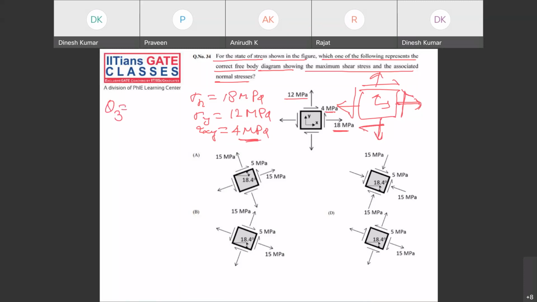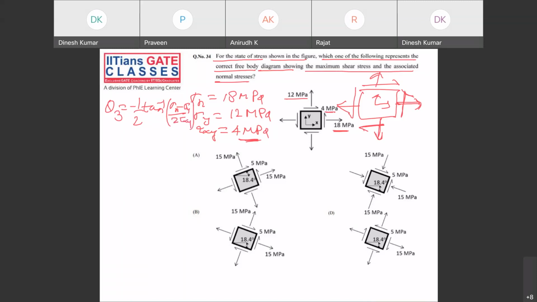We know theta 3 is always given by minus 1 by 2 tan inverse of sigma x minus sigma y upon 2 tau xy.